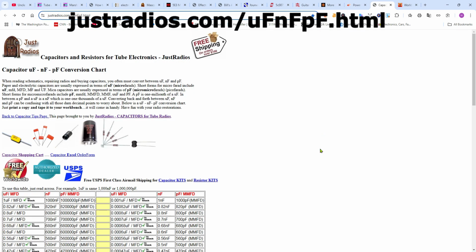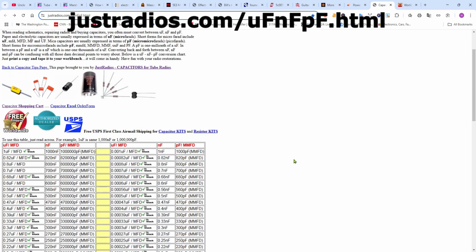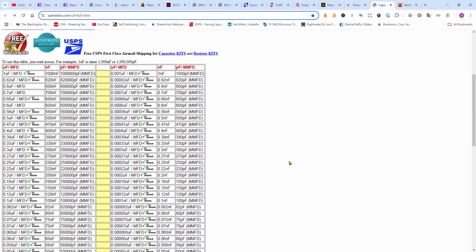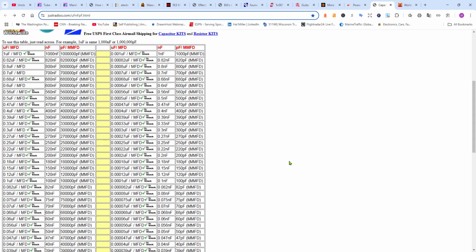Here's another reference. I actually have printed this out and I keep it on my workbench, but just for a quick look, bookmark it. This is a capacitor reference. Sometimes things are listed in microfarads, sometimes they're listed in nanofarads, picofarads, and this translates all of those into whatever you'd like.